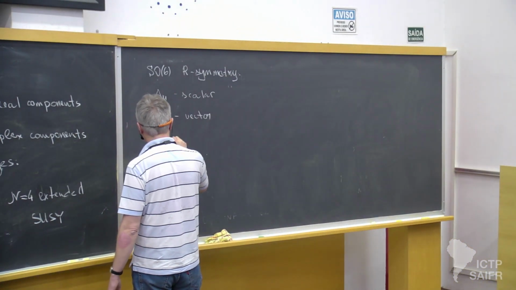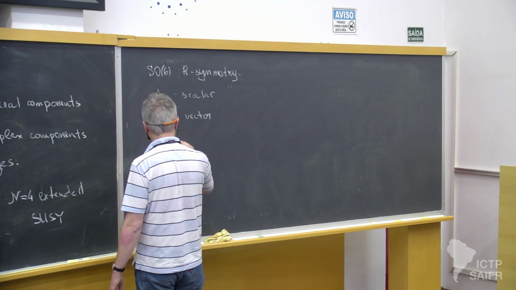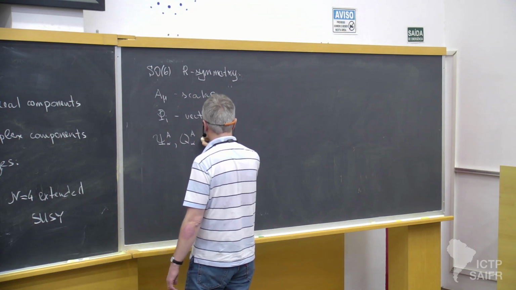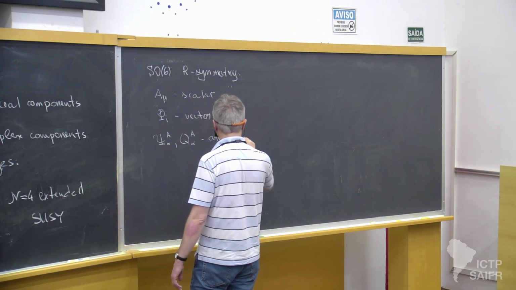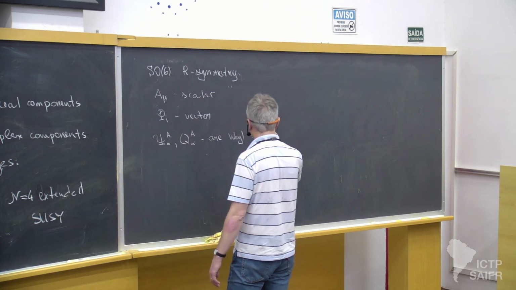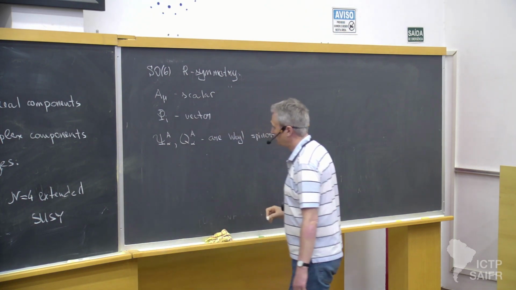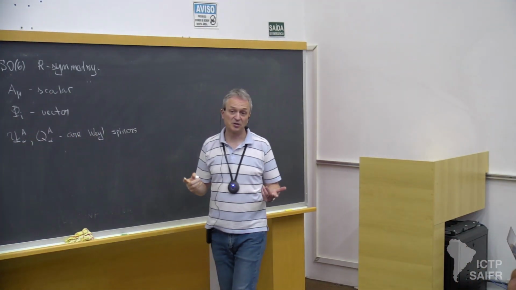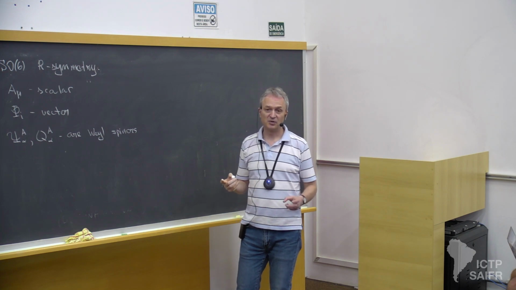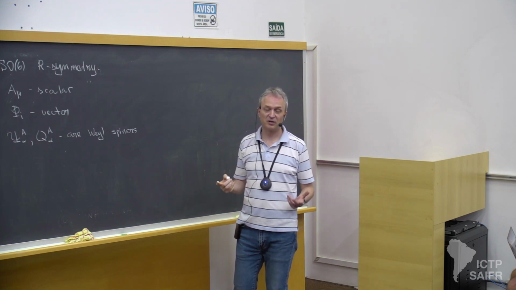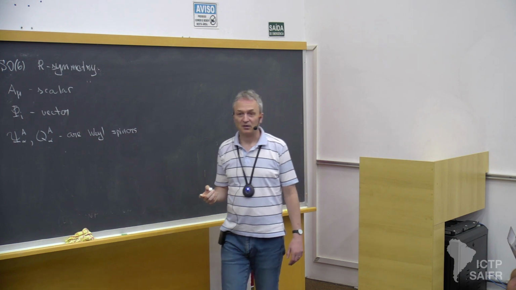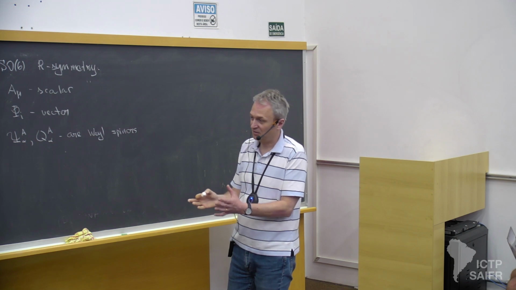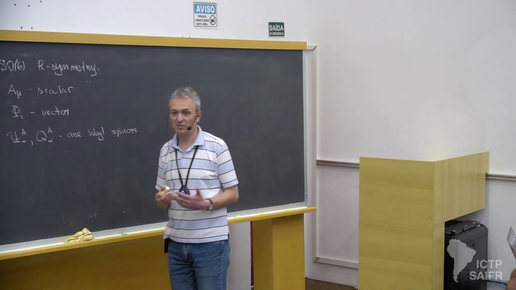And psi A alpha as well as Q A alpha are Weyl spinors. So A is just the spinor index of SO(6), so they transform in the spinor representation of the R symmetry. It's not something that we invent. It comes out of the dimensional reduction.